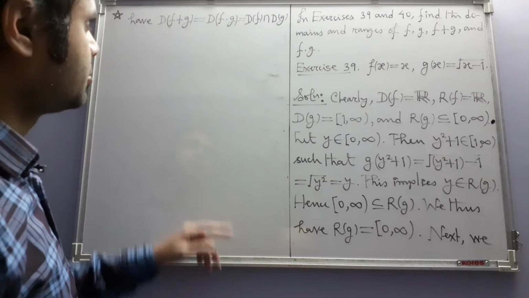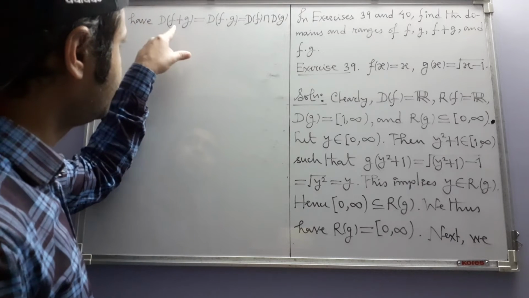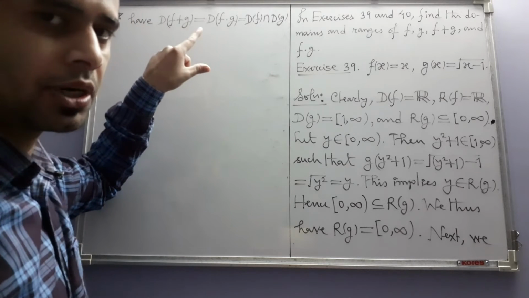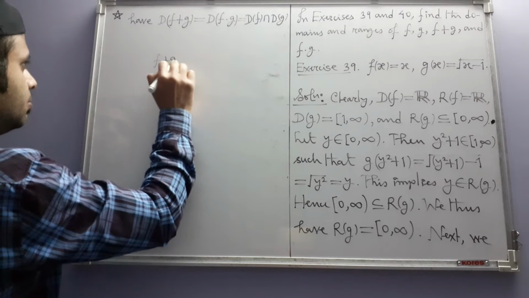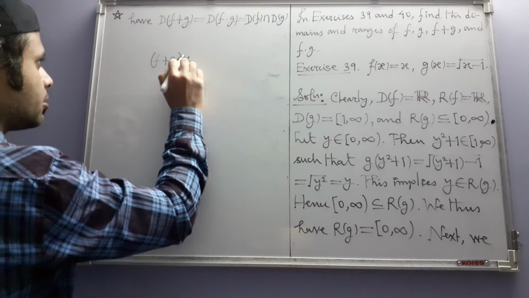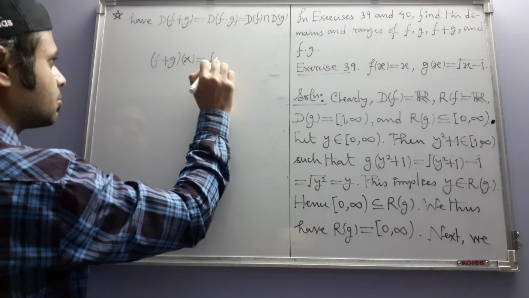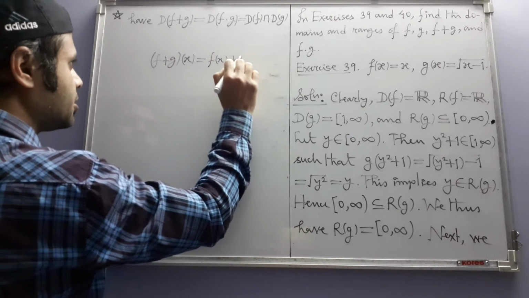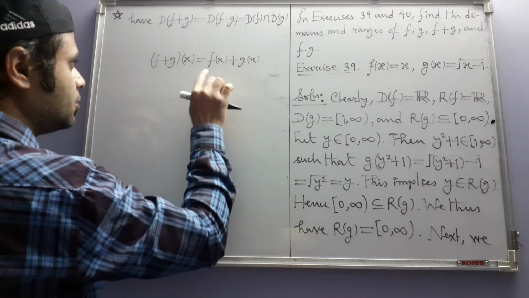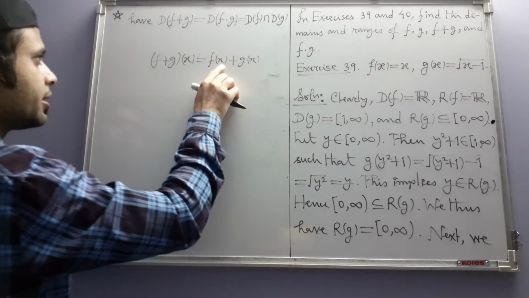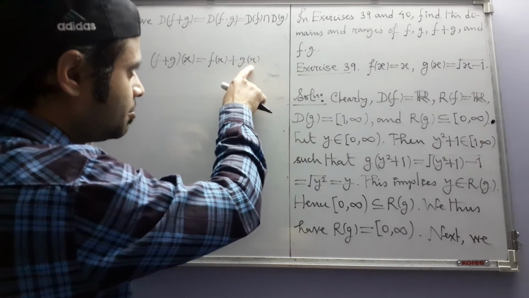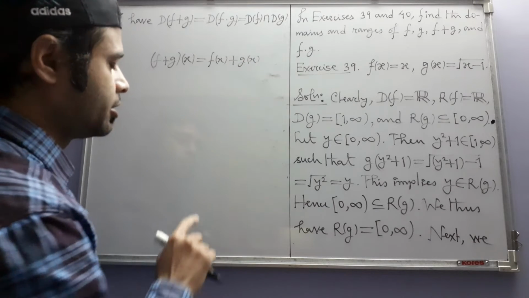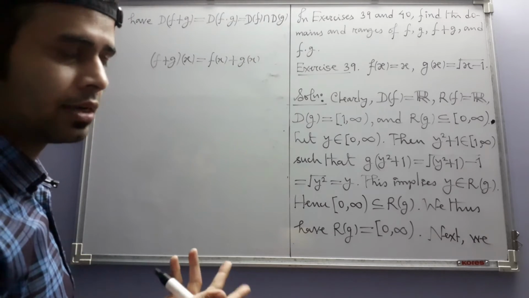It makes sense also, because if you want to calculate f plus g, then by definition f plus g at x is f of x plus g of x. For this to be meaningful, x must belong to the domain of f, and for this to be meaningful, x must belong to the domain of G at the same time.